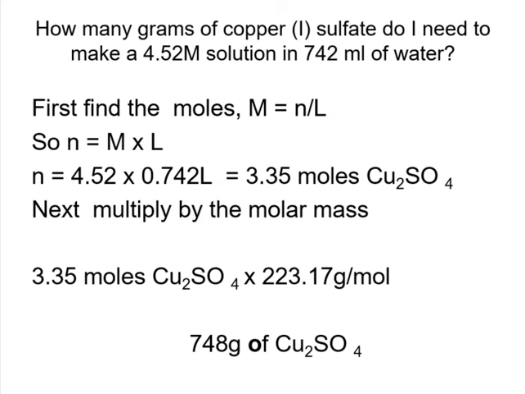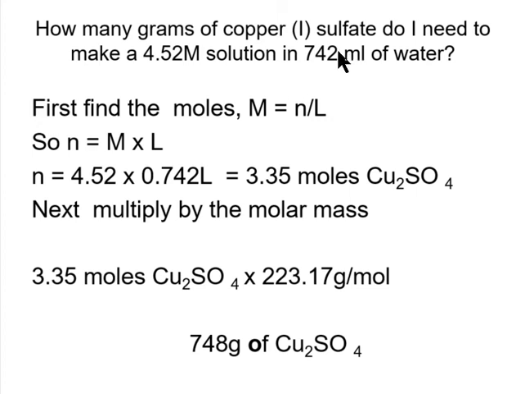All right, for the first one, how many grams of copper sulfate do I need to make this solution? So the first step again is going to be to find the moles. I'm going to rearrange the definition of molarity, which is moles divided by liters, and I'm going to get that moles are equal to the molarity times the liters. Notice this is in milliliters.